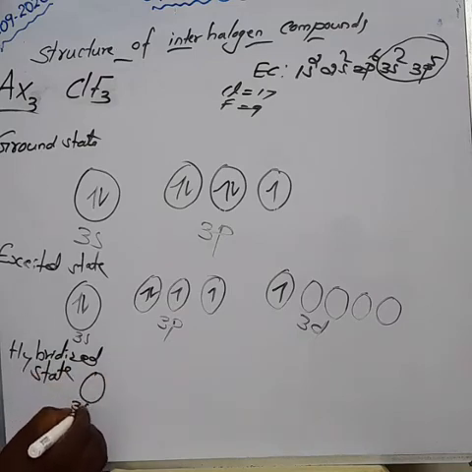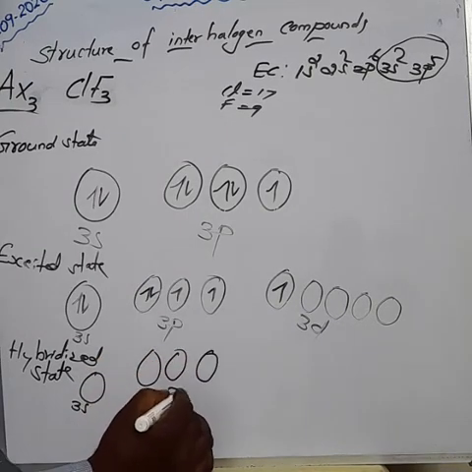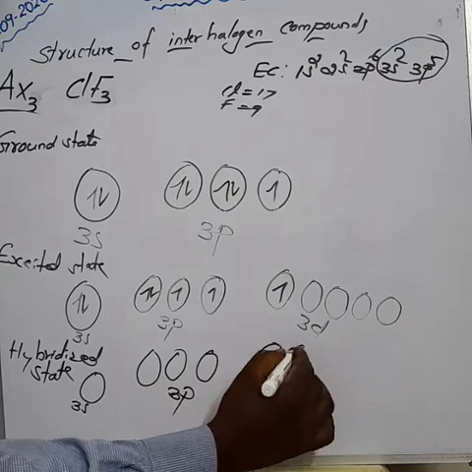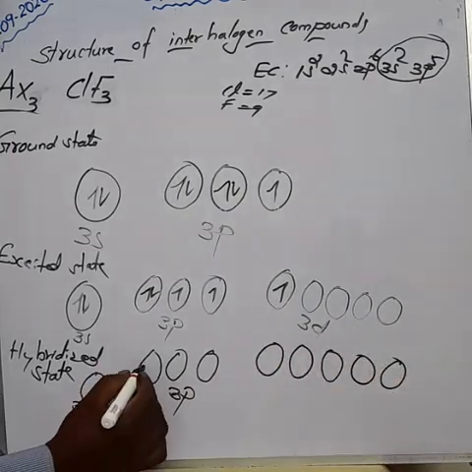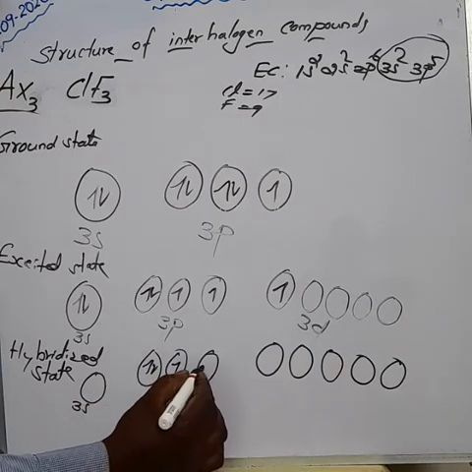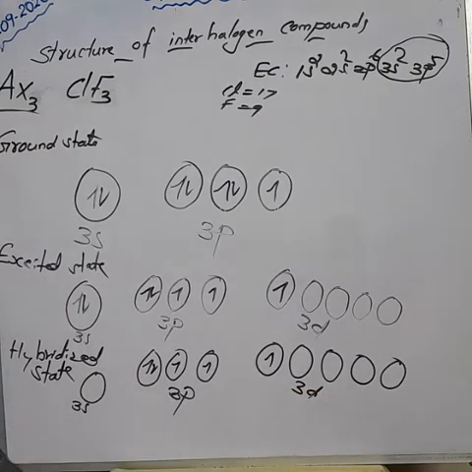This is 3s, 3p, 3d. Am I right? 1, 2, 1. Okay. There is 3. Here, a fluorine atom will be attached there.